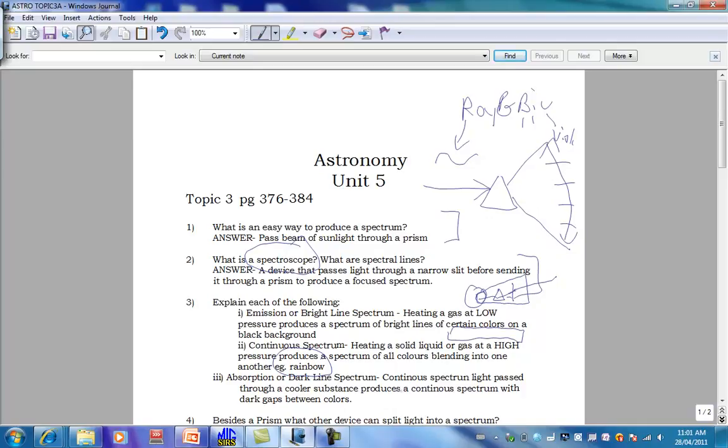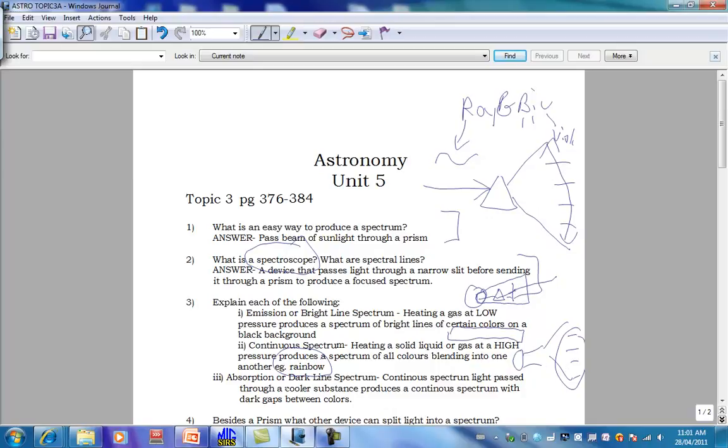Now, to be noted here is the following. If we have hydrogen that's heated and we put it through either a diffraction grating or a prism, and we look at the continuous spectrum, we can get dark lines that interrupt the colors of the rainbow. That acts as a fingerprint for hydrogen.